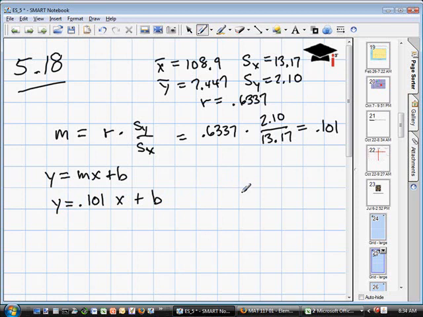What are we going to do? They didn't give us any points. Well, our salvation is something I mentioned earlier today. What point is always right on the line? X bar, Y bar. So there's your point right here.